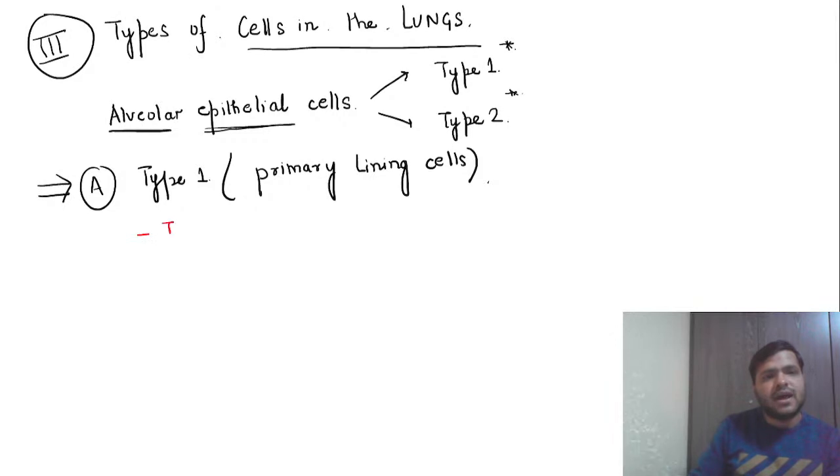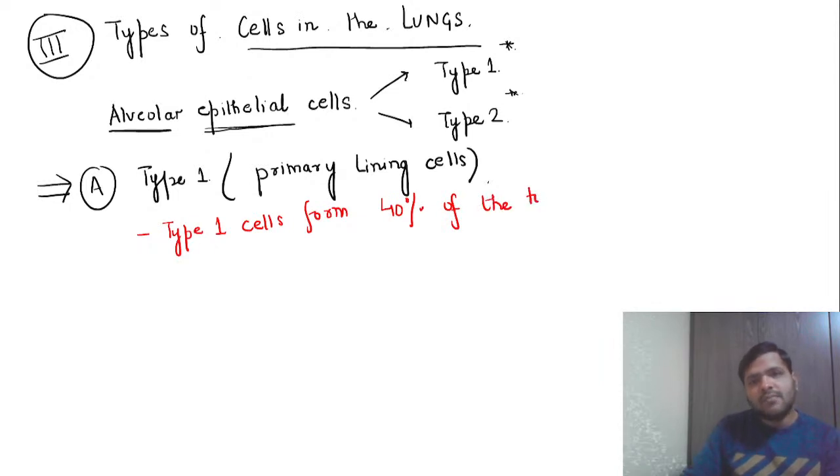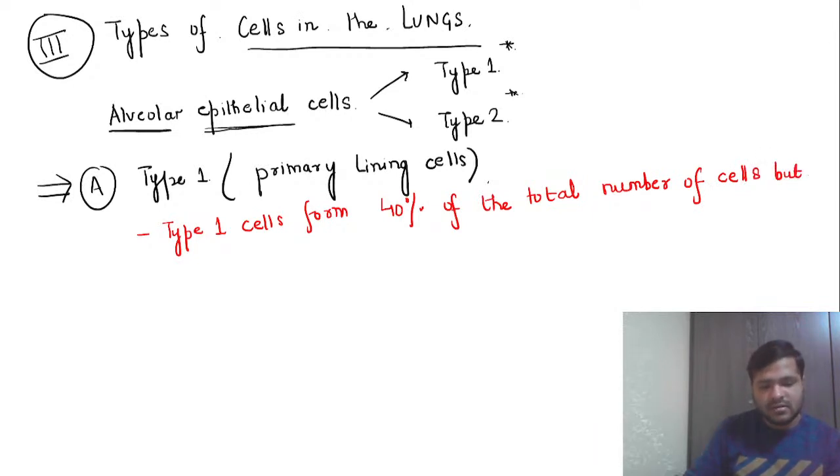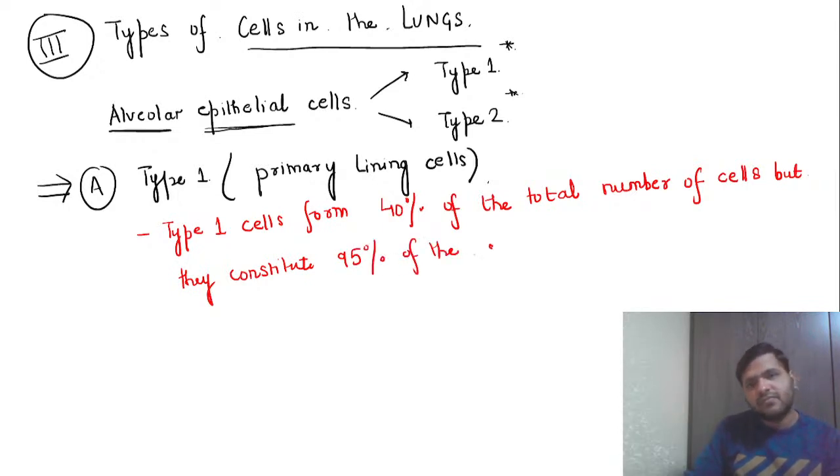So write on the first point that type 1 cells basically form 40% of the total number of cells, but they constitute 95% of the surface area.